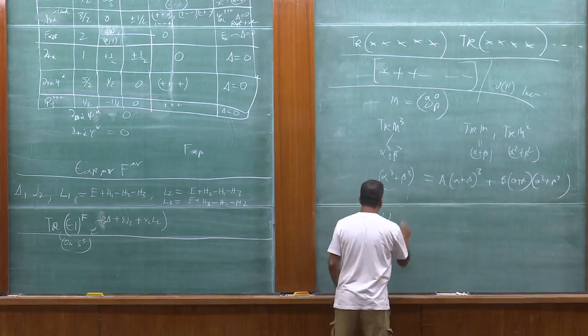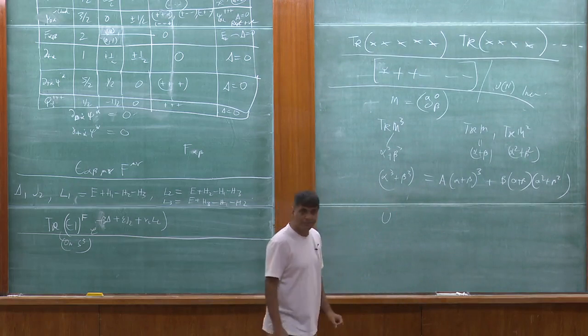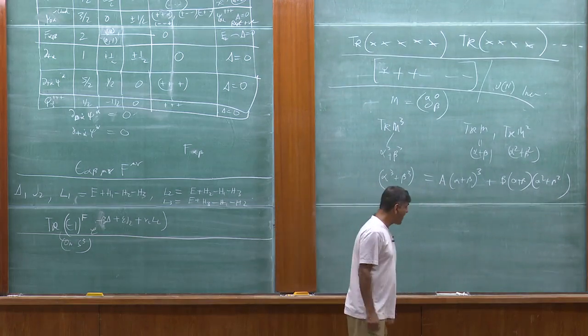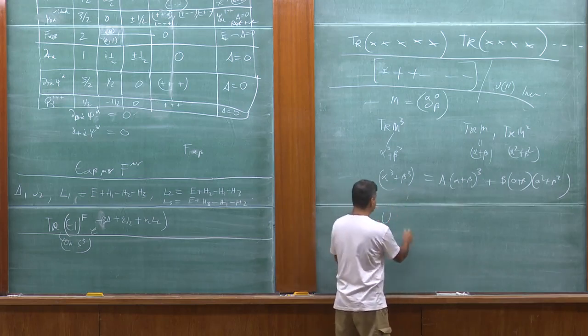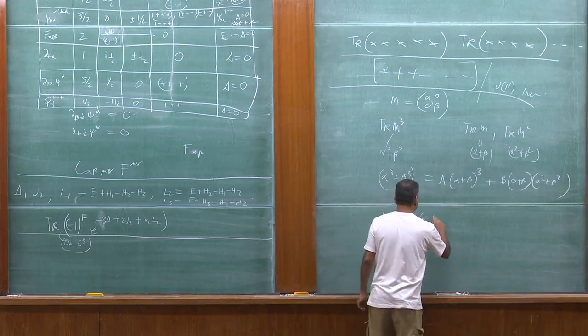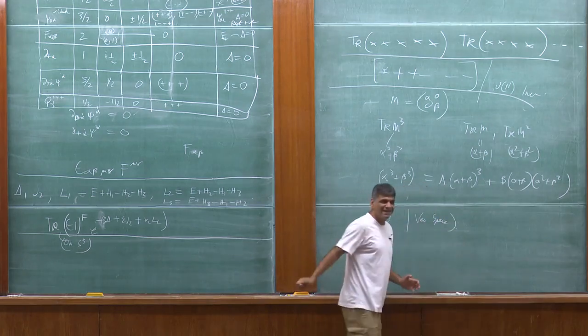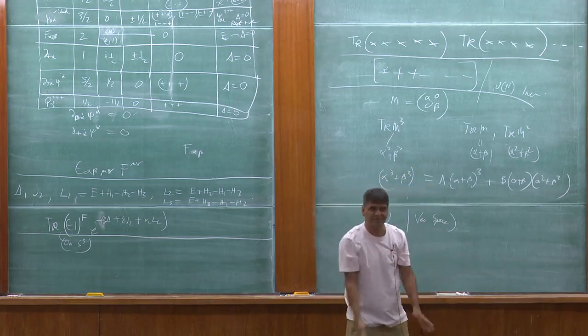Suppose I have an n cross n unitary representation U. Okay? And I have this implemented in some vector space. It's acting on some representation vector space.